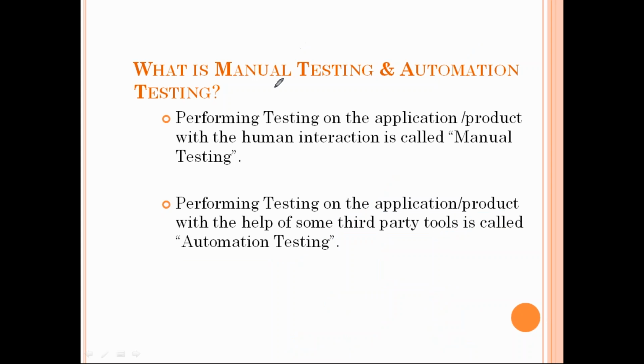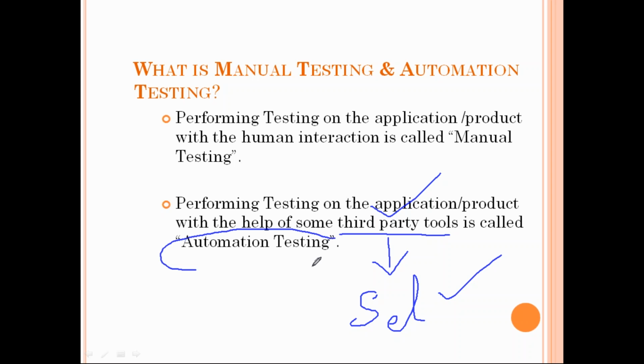Performing testing on an application or product with the help of some third-party tool is called automation testing, and that third-party tool we are going to use is Selenium. Now the question is, what will automation testing people do in real-time scenarios? Why have they got much priority compared with manual testing?